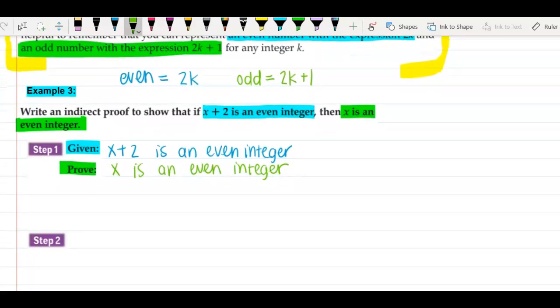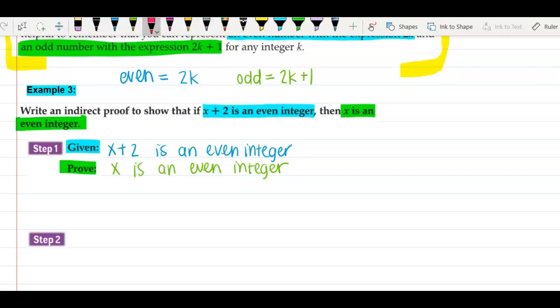So what I'm going to do is make my assumption. Remember, we always change the proof statement, what follows then. So our assumption is going to be that x is not an even integer. If x is not an even integer, then it has to be odd.